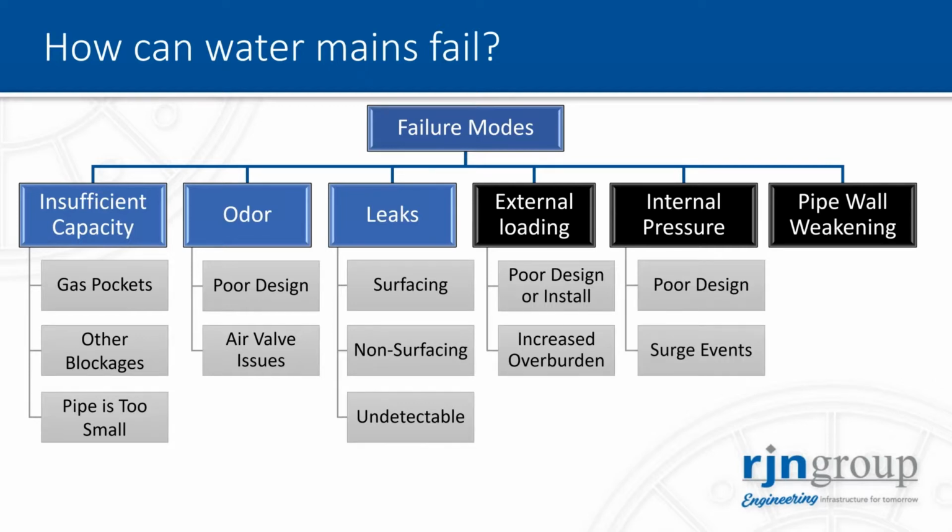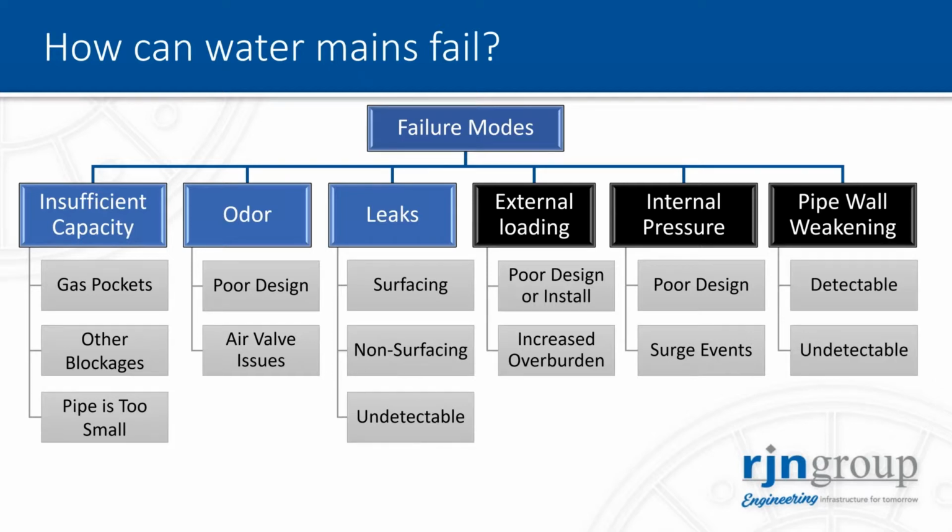With internal pressure, we're looking to make sure that the pipe was designed or installed and designed properly. But most of the time we're addressing surge events that sometimes can be mitigated. And a lot of times this is an issue at the pump station, check valves, or operations within the system.